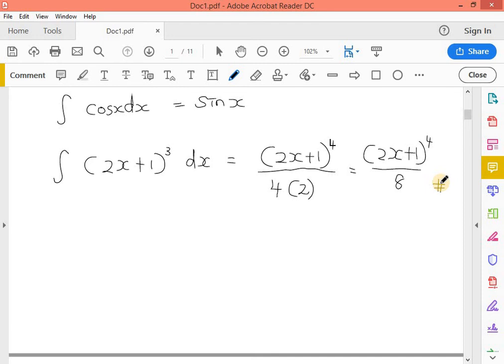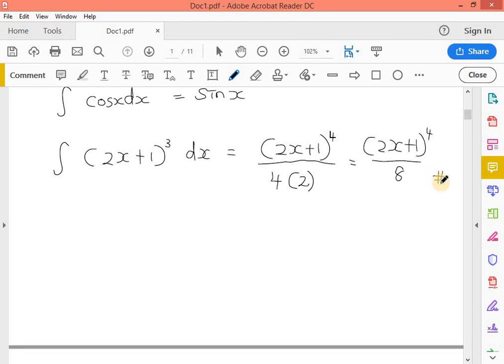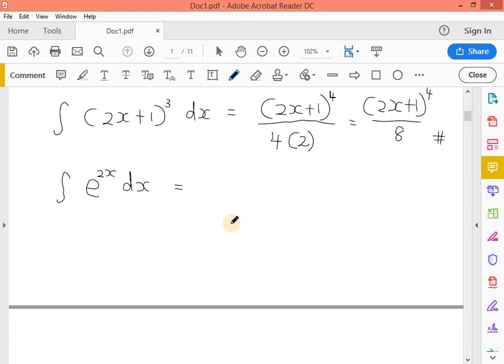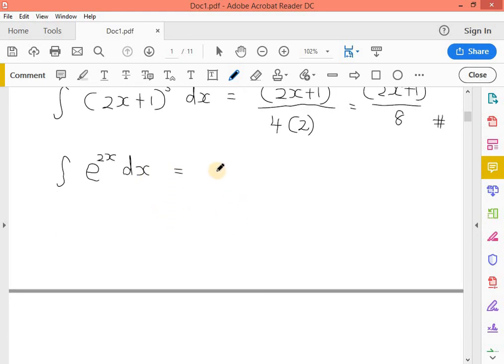Next, is there any other interesting one? Okay, next, what will happen if you integrate e^2x dx? What will be your answer? Exponential 2x and then divide by 2.